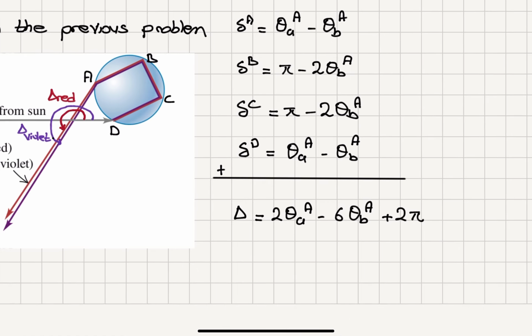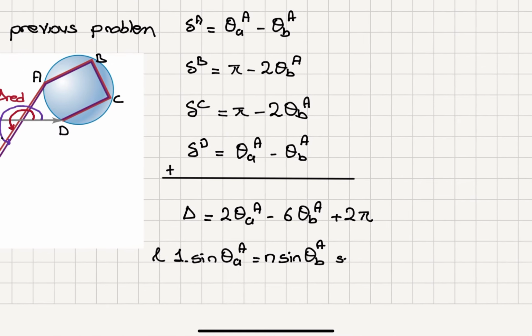And we also have, by Snell's law, 1 times sine theta A at point A is equal to n times sine theta refraction at point A. So for the angle of refraction, we can also write arc sine of sine theta A divided by n.